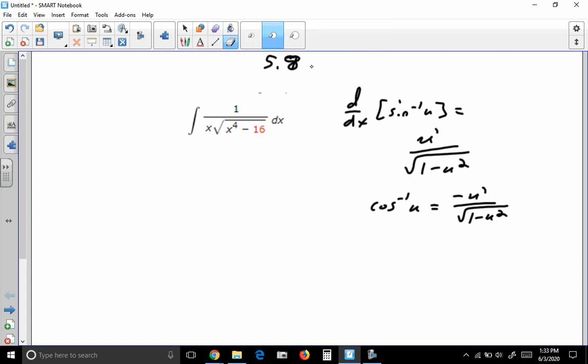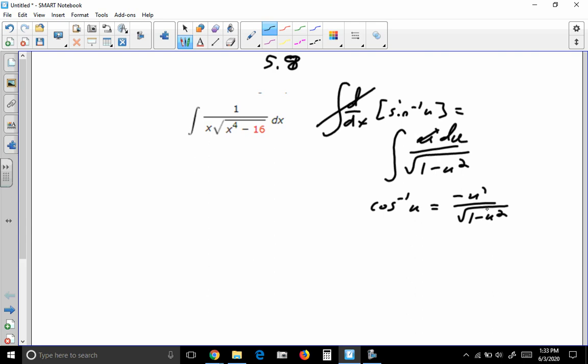when we go to integrate, if we end up with du over the square root of 1 minus u squared, that's going to integrate into inverse sine of u plus c.